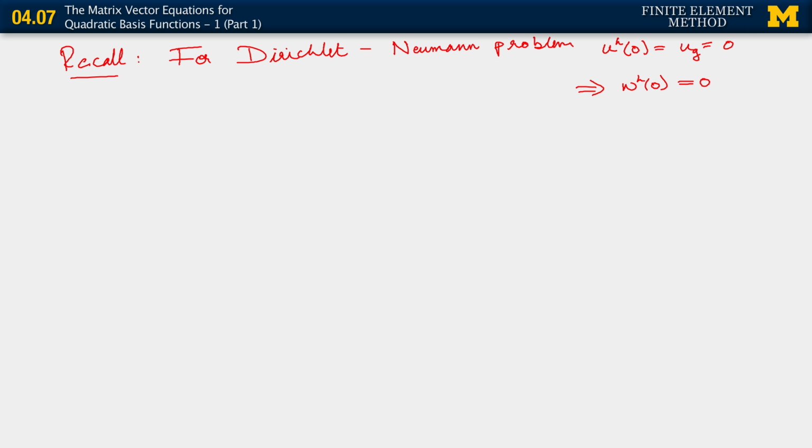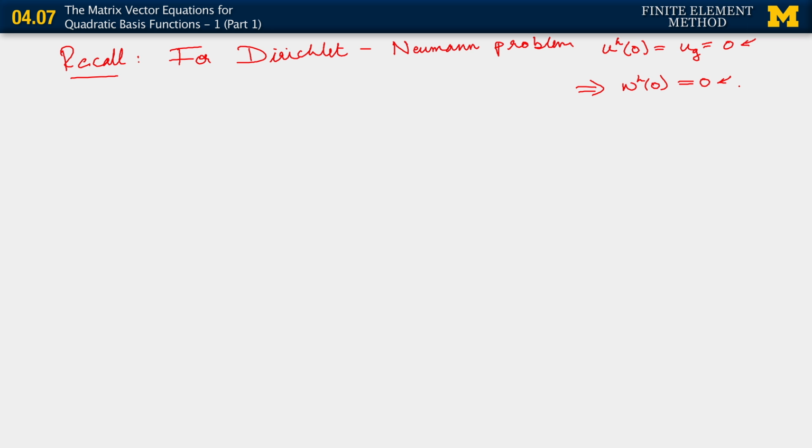Of course, in this case, our Dirichlet condition at x equals 0 is itself homogeneous, meaning the trial solution there has to be 0. Even if it were non-zero, we would still have a homogeneous Dirichlet condition on the weighting function, and that's just the nature in which we've built our weighting function space.